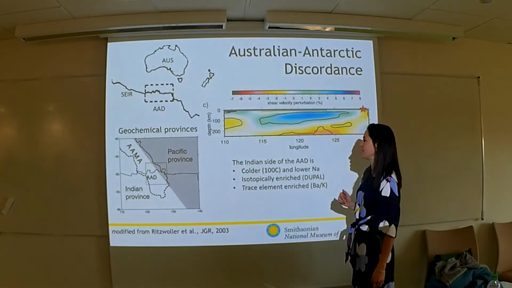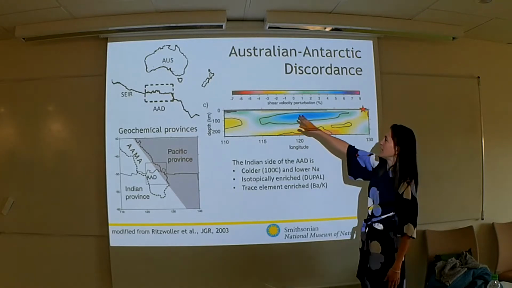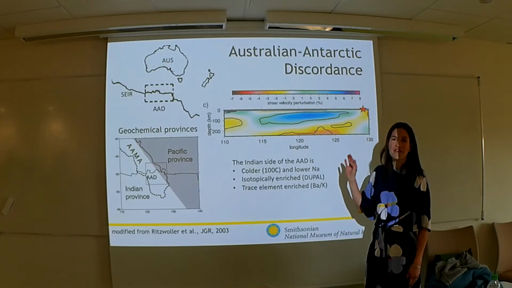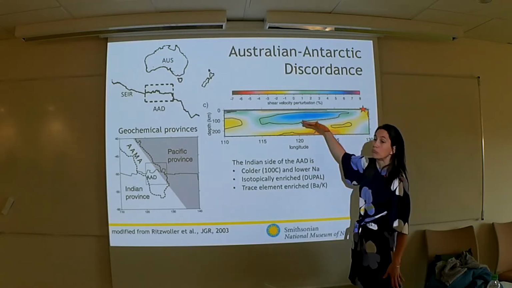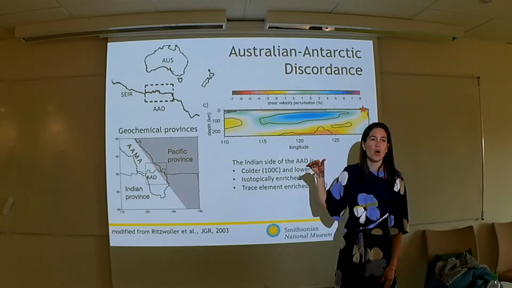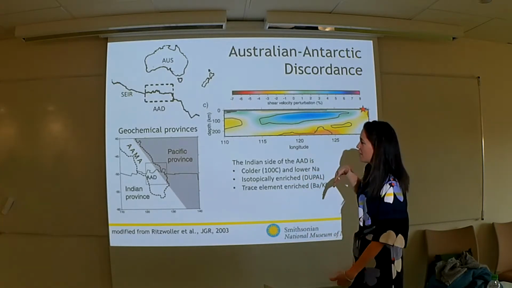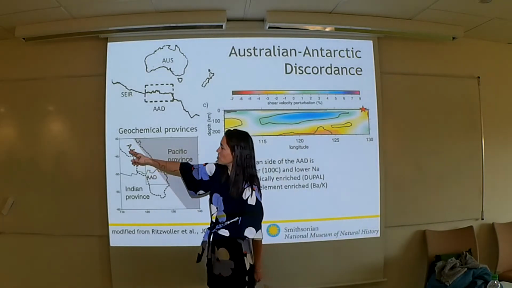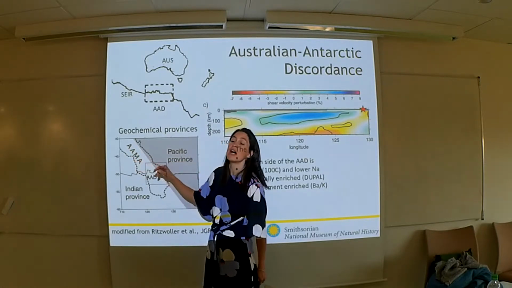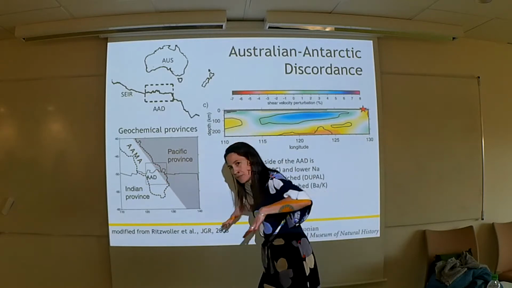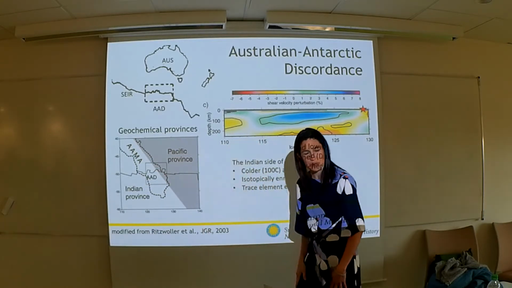This is a tomographic image, and the color coding is the shear velocity perturbation. What they've imaged is this giant blue, seismically fast fossil slab. They interpret this as the Australian Antarctic mantle anomaly. It's a giant, long slab lodged in the mantle at this location.